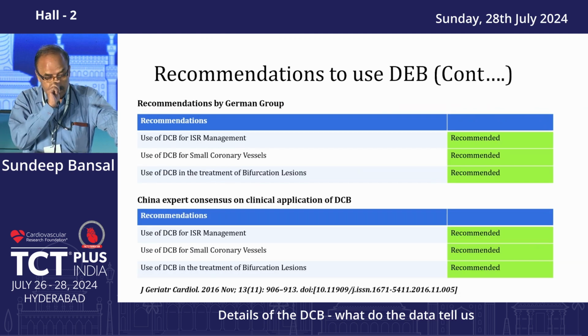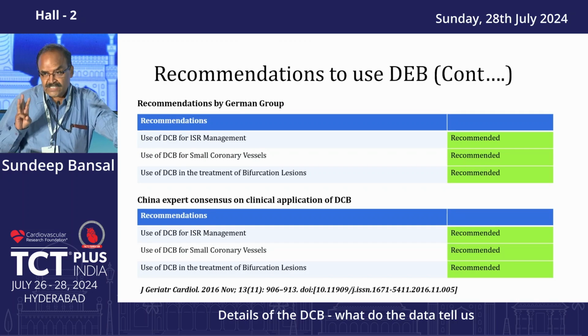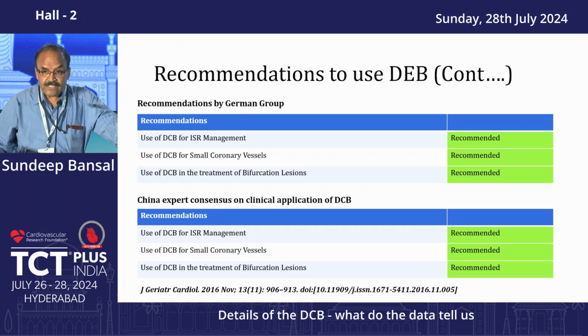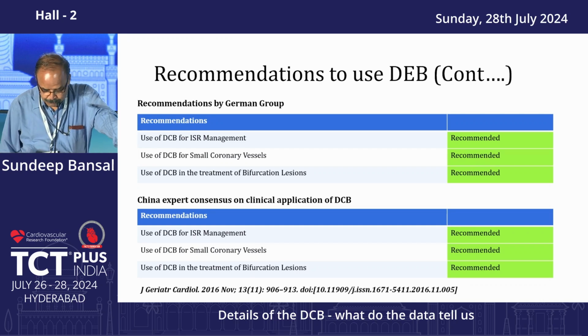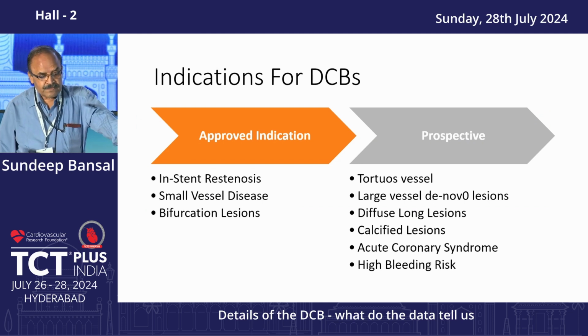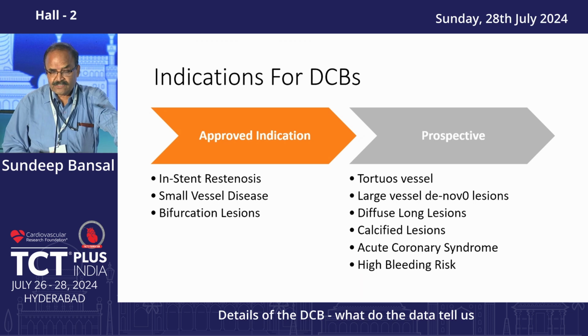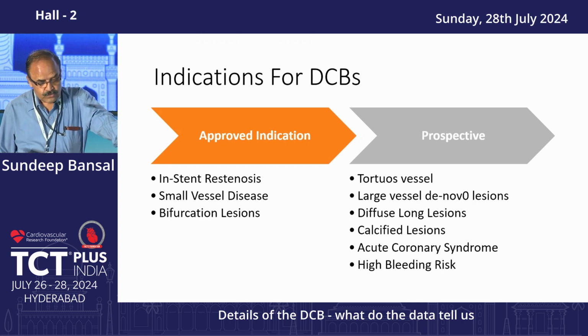The German group and the Chinese expert group have similar recommendations. So there are three areas where drug-coated balloons can be used. If we further go into the details, as I said, there are three current major areas where they have been used and tried.